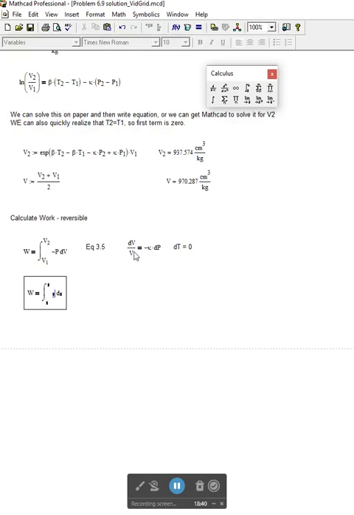What is dV equal to in this equation of state? dV is equal to V times minus kappa times dP.